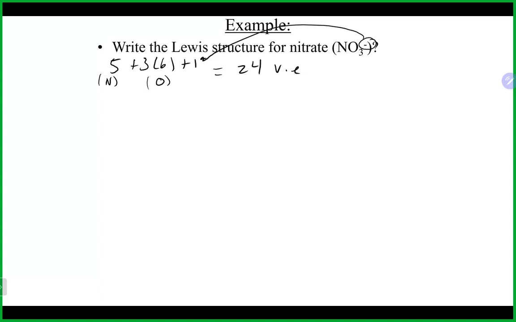If we look at the periodic table between nitrogen and oxygen, we see oxygen is further to the right, which means it's more electronegative. So nitrogen should be in the middle here, and we will put our oxygens around it. Once again, we do a single bond to each of these. That is 2, 4, and 6 electrons.